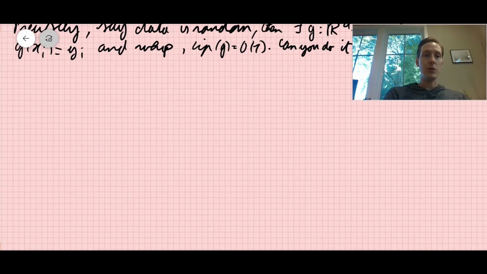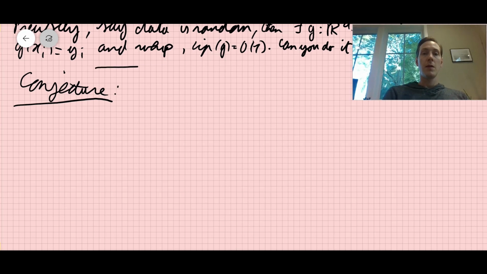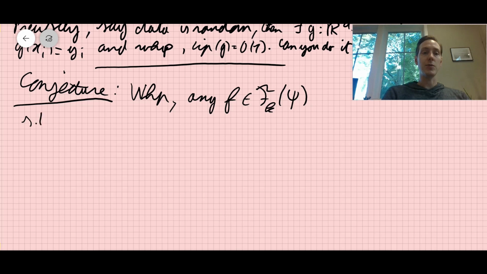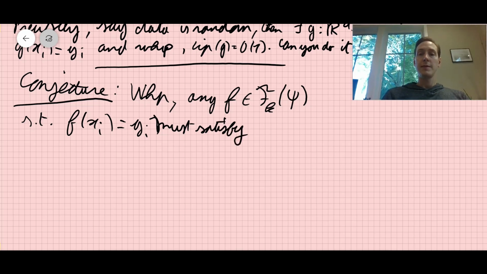Let me write it. So, conjecture. With high probability with respect to the draw of a random data set, any f in F_k of psi, so any one hidden layer neural network with k neurons that memorizes the data, such that f of xi is equal to yi, must satisfy that the Lipschitz constant of f is at least a small constant times square root of n over k.